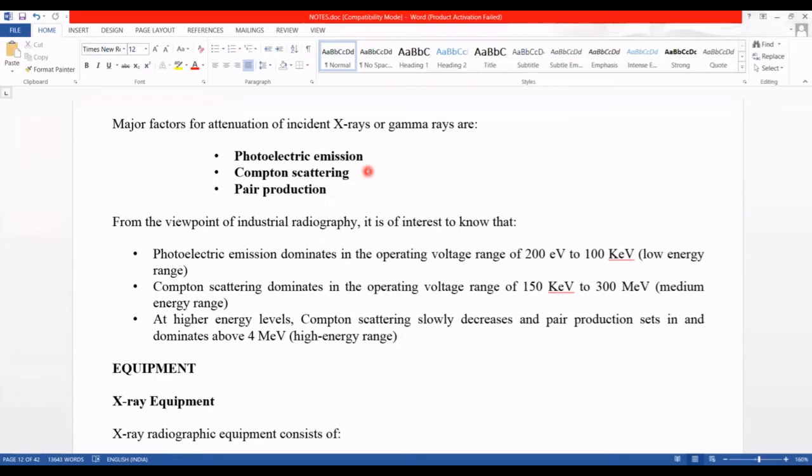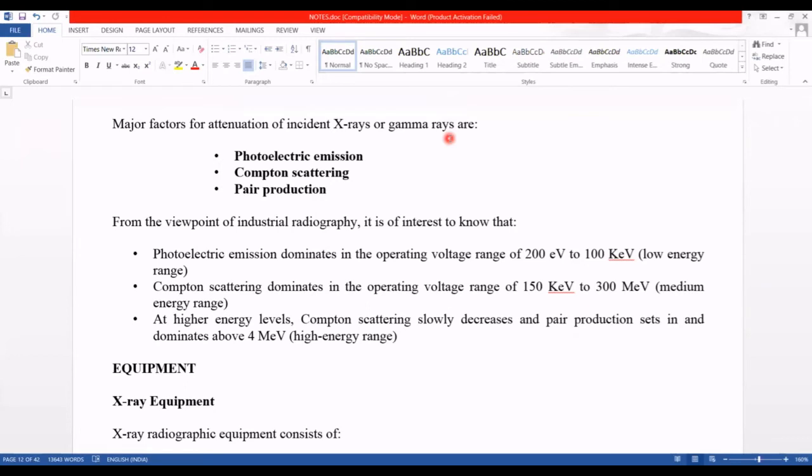And the third one, pair production. Here also the photons in the radiation, either X-ray or gamma ray, penetrate into the matter and meet the atoms of the matter.